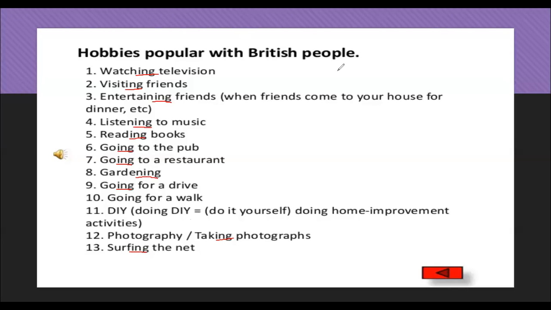All the verbs, when you are talking about hobbies, need to have the ing ending. So they need to be in gerund, okay? So once we know this, let's speak a little bit.